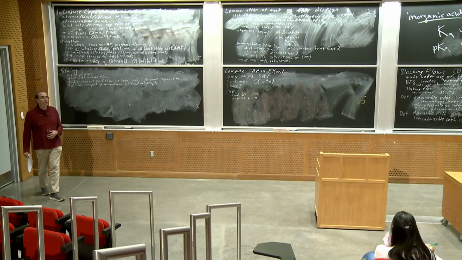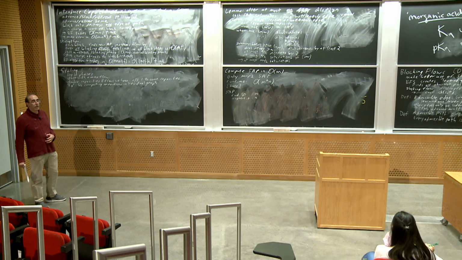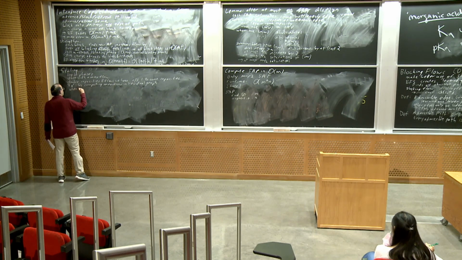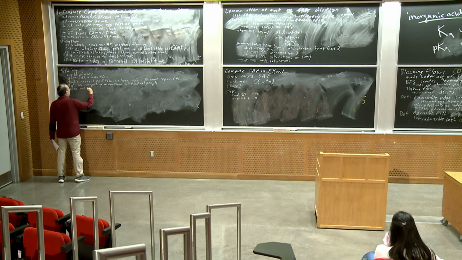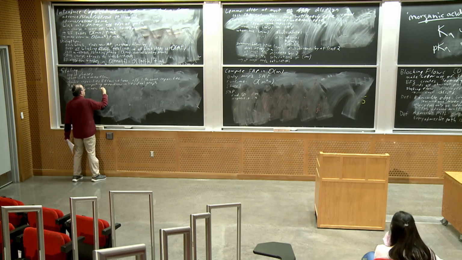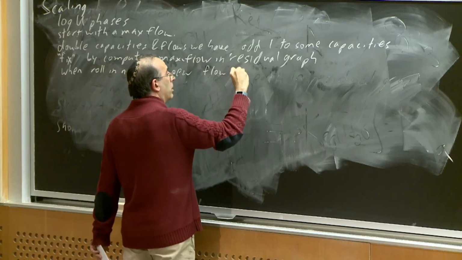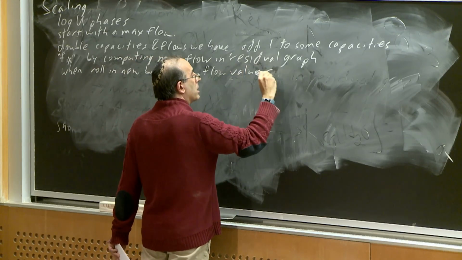Exactly. When we roll in a new bit, the new flow value is less than or equal to m.